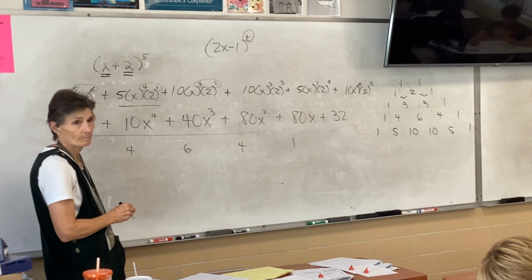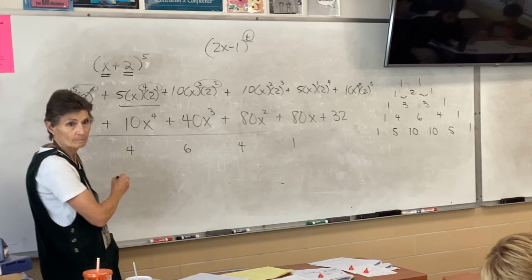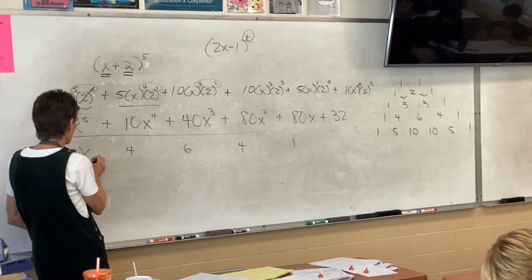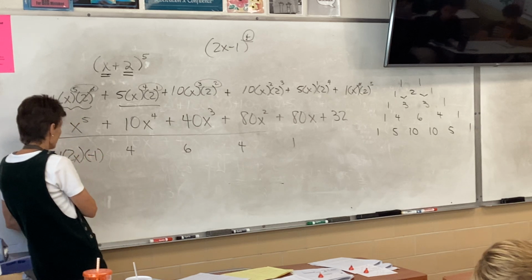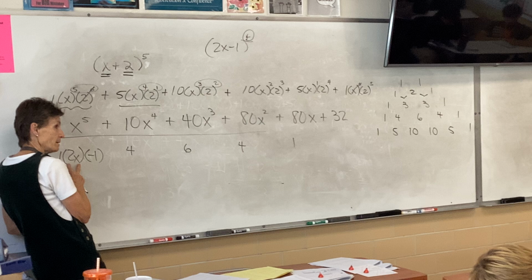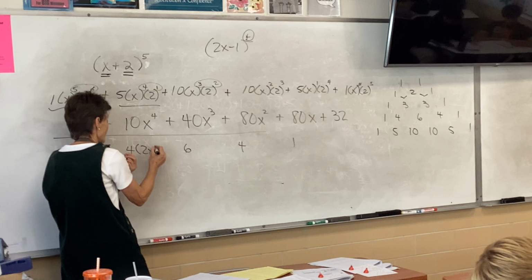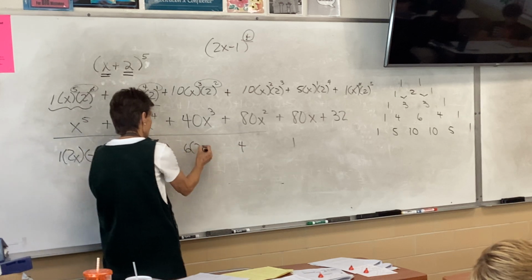Then what? Put in your 2x and your negative 1. So 2x is one piece of the term, and negative 1 is the other one. So 2x and negative 1.